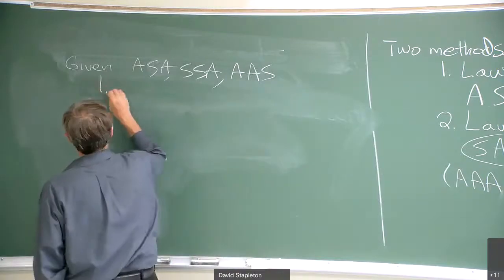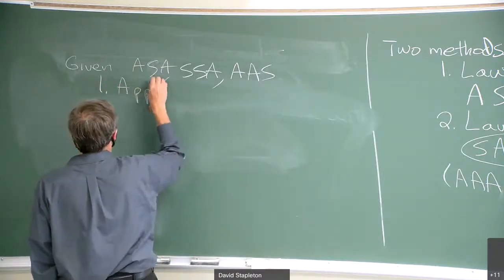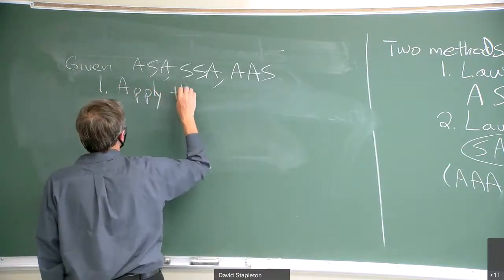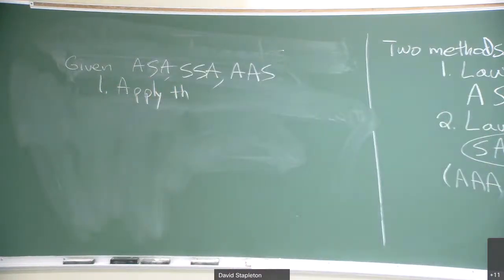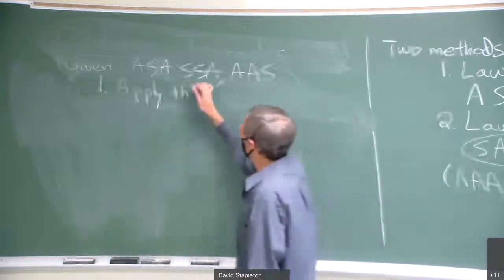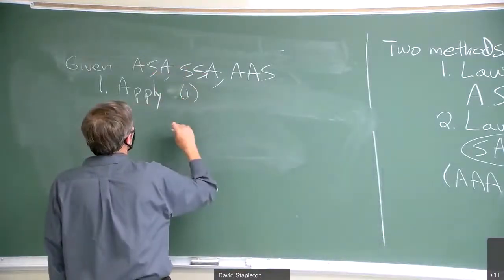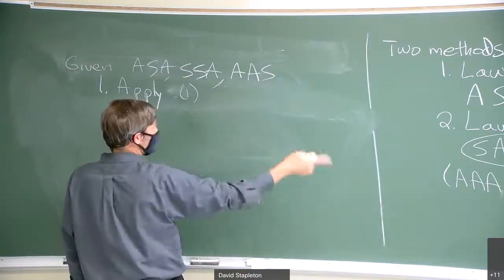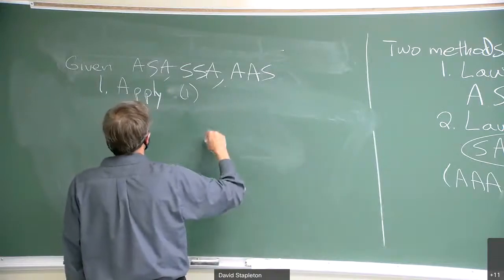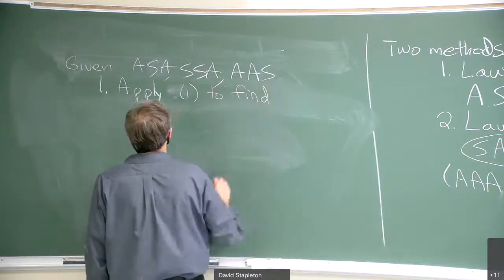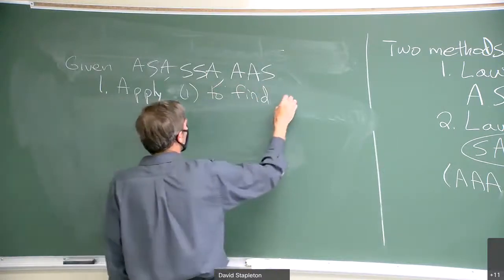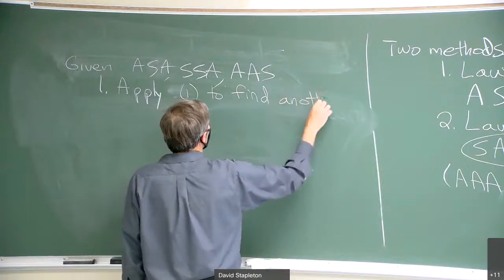What you do is, one, apply the law of sines. Let's give the equation number one; I'll put a number one by the equation in this box. Apply the law of sines, with three of the things known in it and one unknown, to find another measurement.